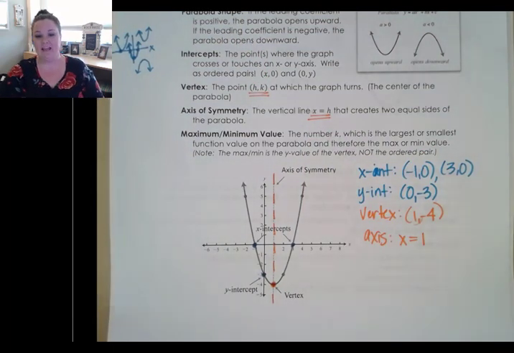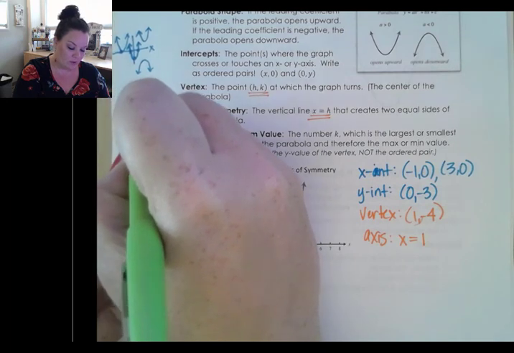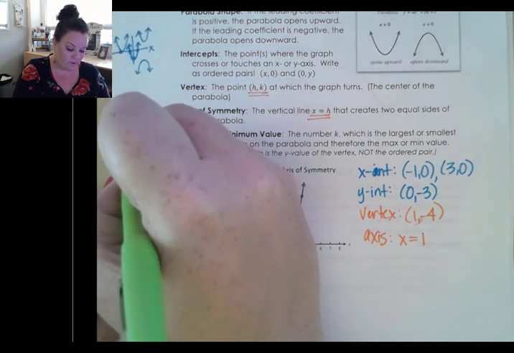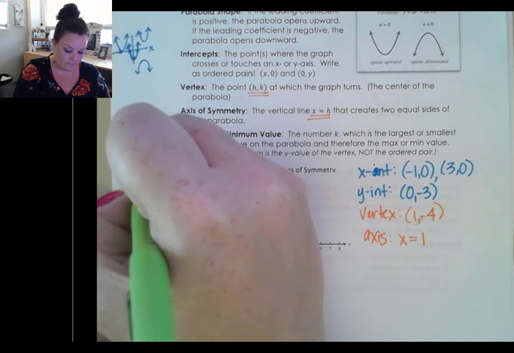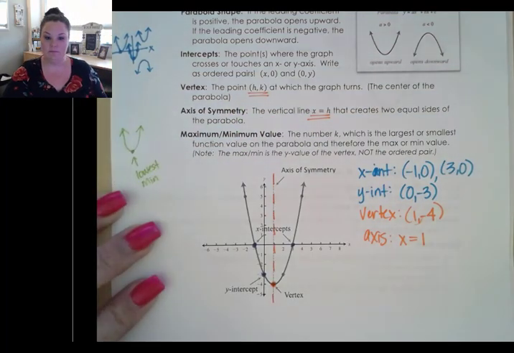Okay. And then the last thing that we look at is our maximum or minimum value. Now, depending on what your graph looks like, it's a max or a min. So if your parabola opens upward, we're looking for this low value. The lowest value would be a minimum, right?